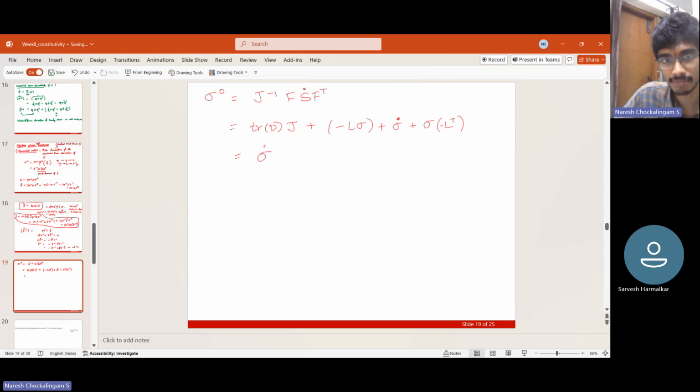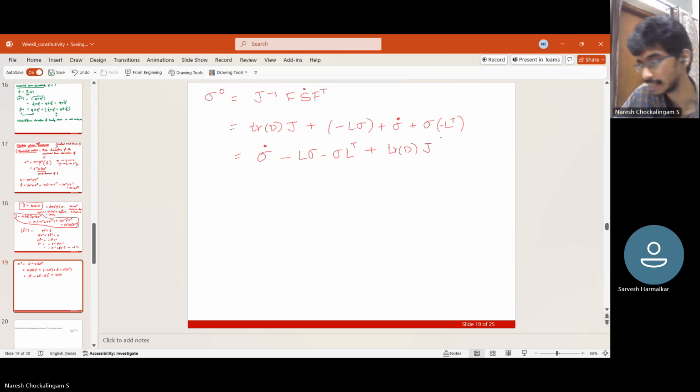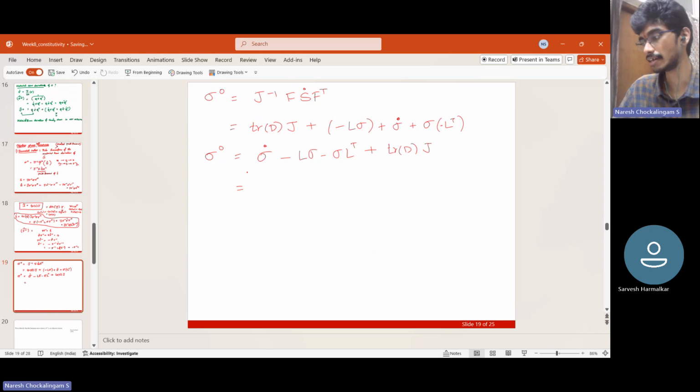Again, it is sigma dot minus L sigma minus sigma L transpose plus trace of D J. So this is called the Truesdell stress rate, and this is the scaled push forward of S. So it can also be represented in terms of the Kirchhoff stress rate.